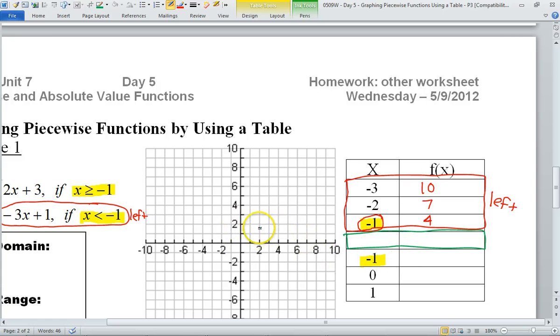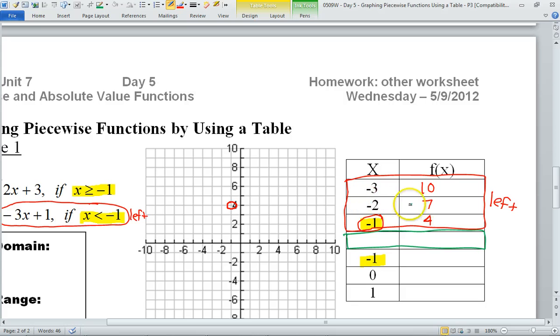Come on, kid. So let's start with the cutoff value, because that's going to be our first dot. Negative 1, comma 4. So negative 1, comma 4 is going to be right here. I'm going to make it an open circle because it does not have an or equal to part on this. That's my beginning.